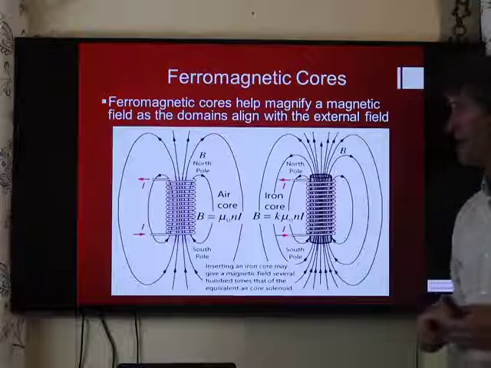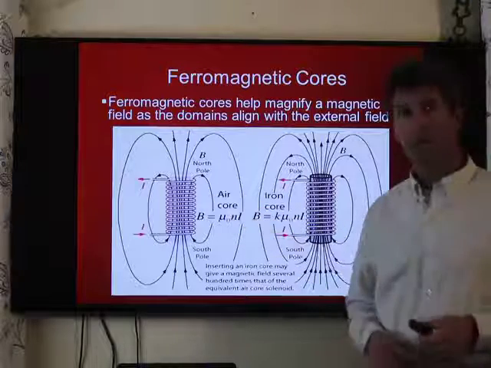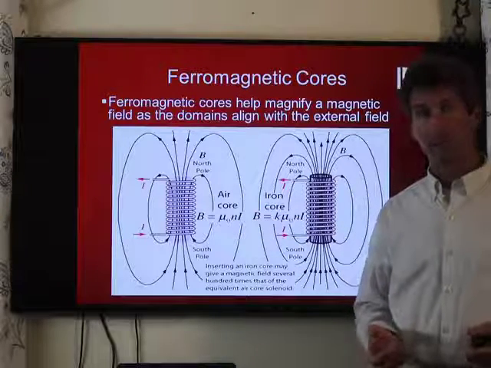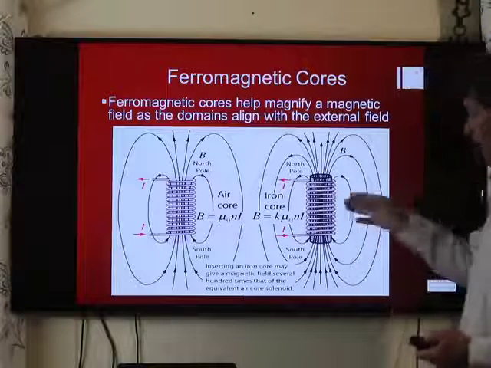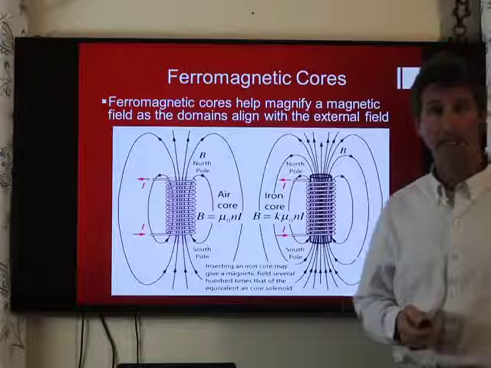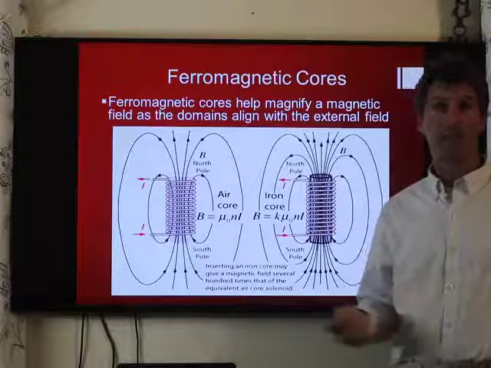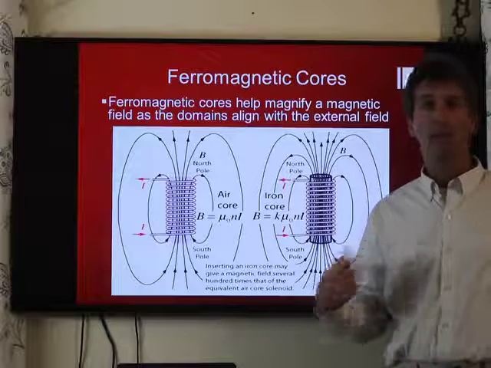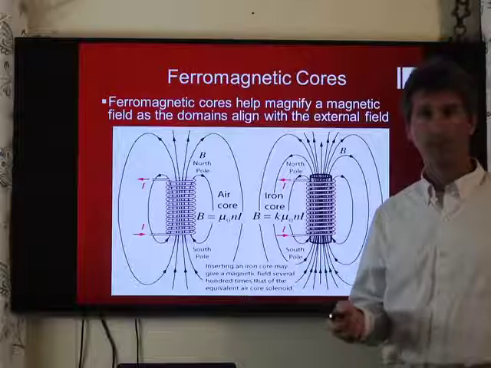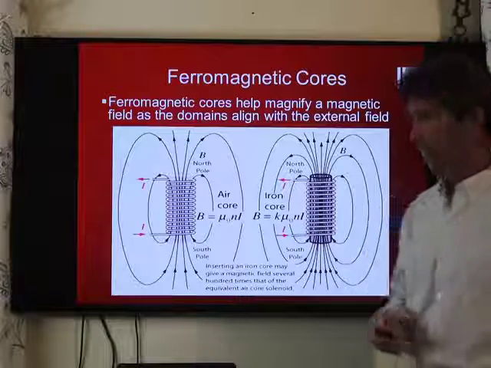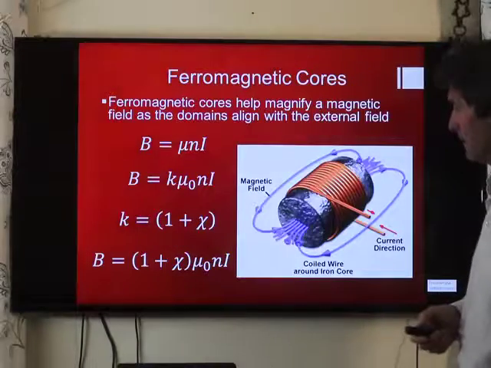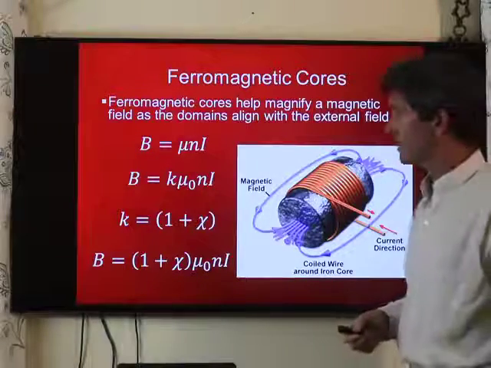Once again, a solenoid by itself can produce a fairly large magnetic field, but putting an iron core in the center of it, something with a high magnetic susceptibility, creates an even stronger magnet. And that's why many of these solenoids that are used as electromagnets will have a soft iron core to enhance their magnetic properties.